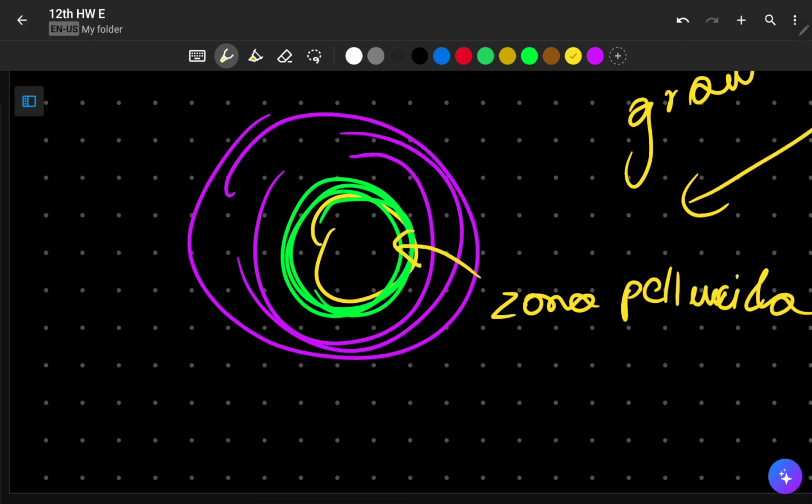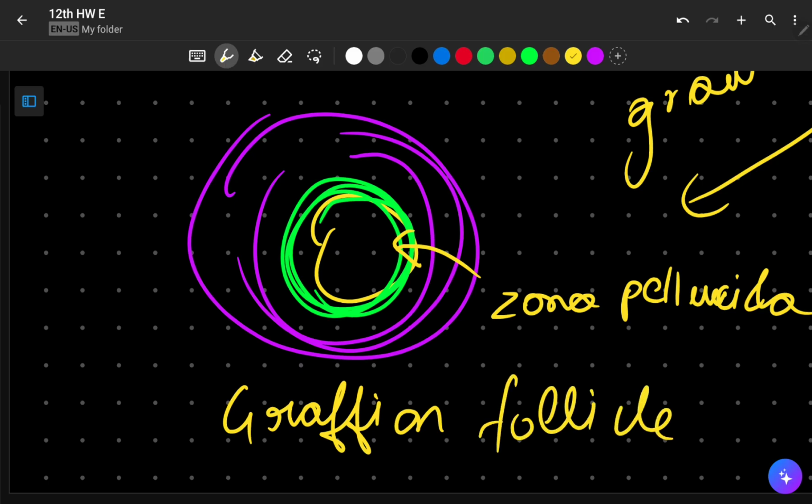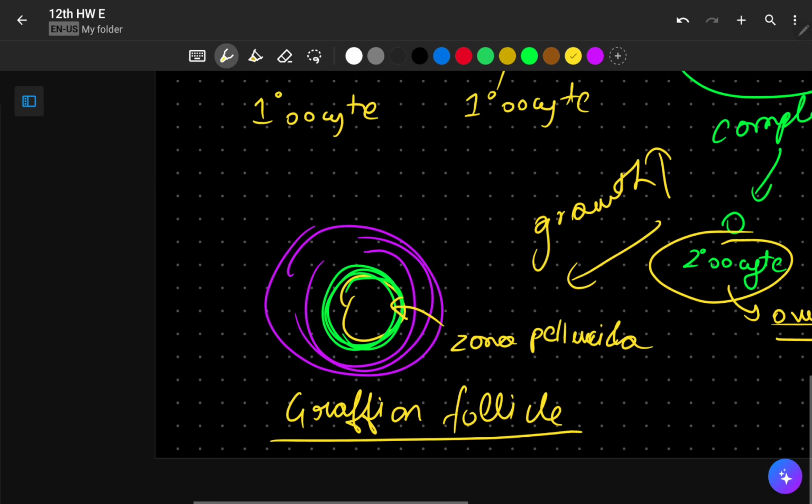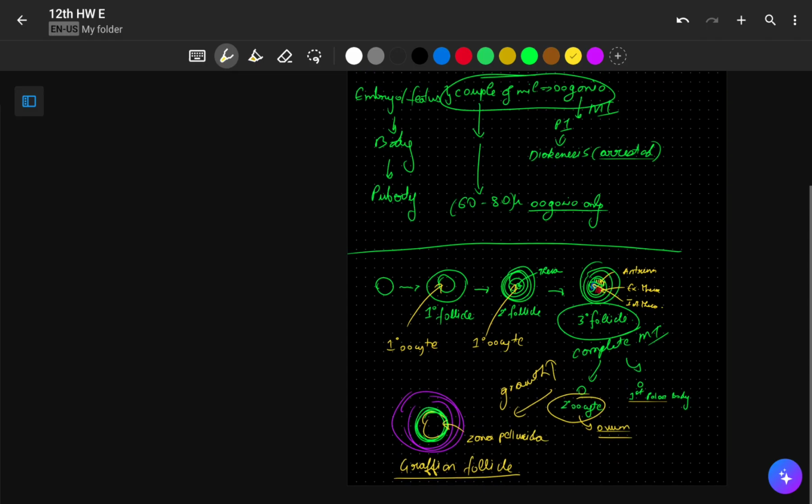And this is what you call a Graafian follicle. This is the mature thing. This is the final product. This Graafian follicle ruptures on the 14th day of the menstrual cycle, and then the egg comes out, and the remnants of the ruptured Graafian follicle form the corpus luteum, which secretes progesterone, and the entire phase continues just like that.